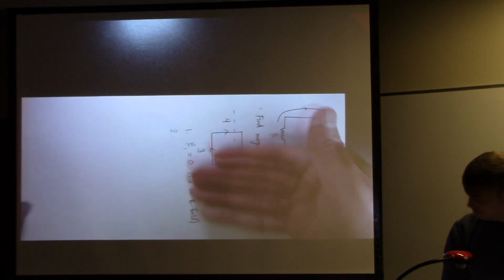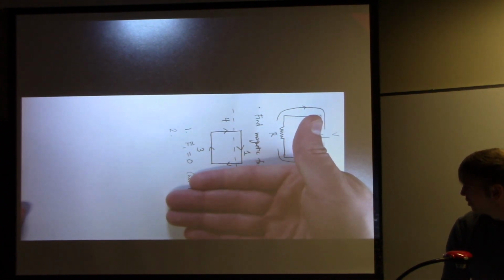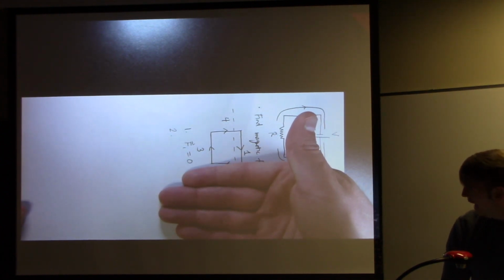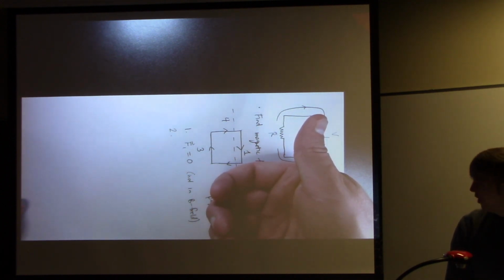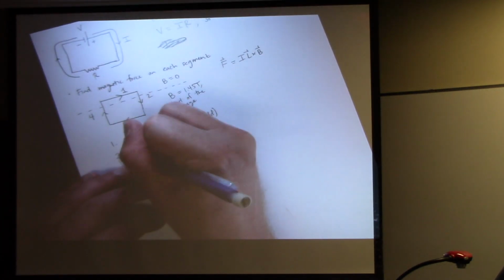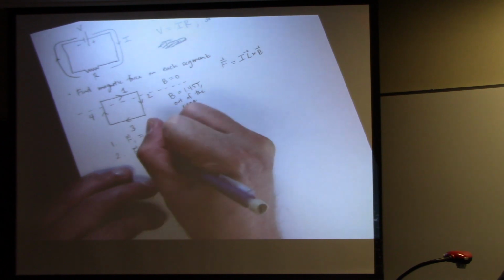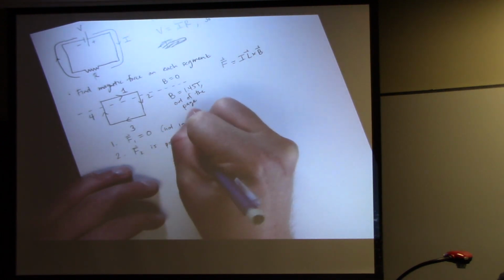So I have to take the fingers of my right hand, pointing in the direction of the current, in order to curl them out of the page like this is what I have to do. And it looks like my thumb is now pointing to the left. So the force on segment number 2 is pointing to the left by the right hand rule.